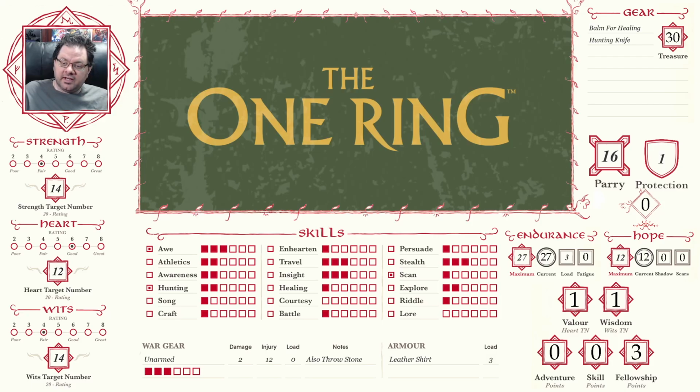All of the numbers that technically change throughout a particular episode, like my endurance, my hope, all that stuff, I've set it up so that I can change it when I need to. The big thing right now that just says the One Ring will be used for when I'm doing the journey portion of the adventuring phase.